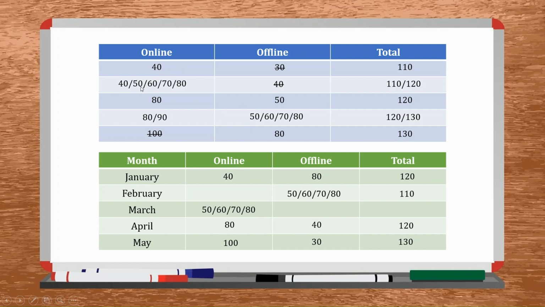But now, since the online second is 60, I have to make the 40 from the first one here in January online. So in that case, the value for February online would again be from 80 or 90. That's the only possible values that are left.